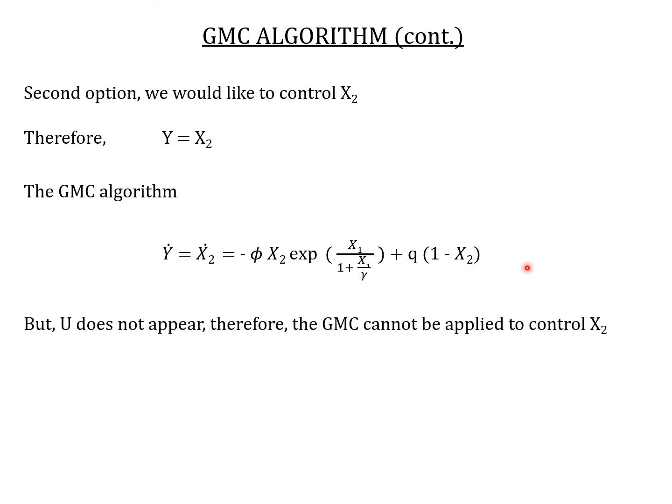There's no relationship at all, so we cannot get the u, and so we cannot use the controller to control the x2. So we can only control x1, and hopefully by controlling x1, the x2 will follow through. Not exactly, but it should follow through what we require.